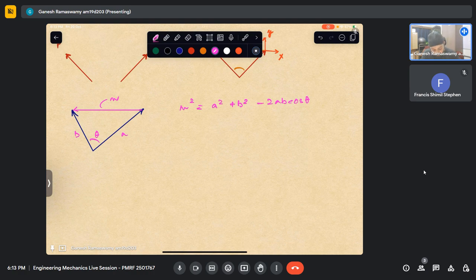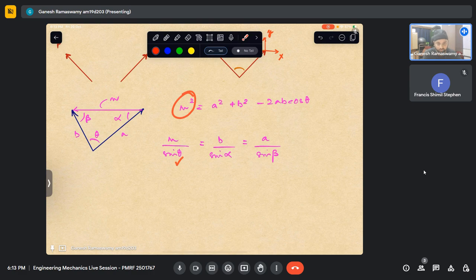So from this you can actually get m. Now once you get the magnitude of m, so m by sine theta, let this be alpha, this be beta. This gives us b by sine alpha is a by sine beta. What are the unknowns here? M is known because just now you have calculated. Theta is known. That is how you actually calculated m.